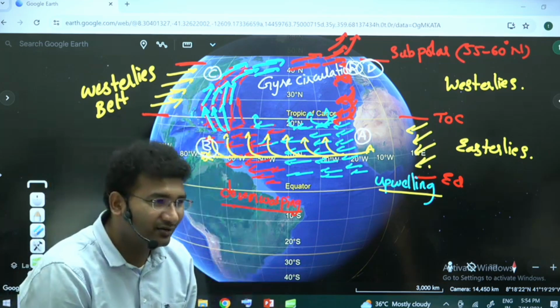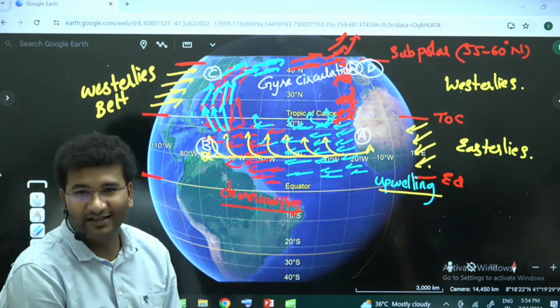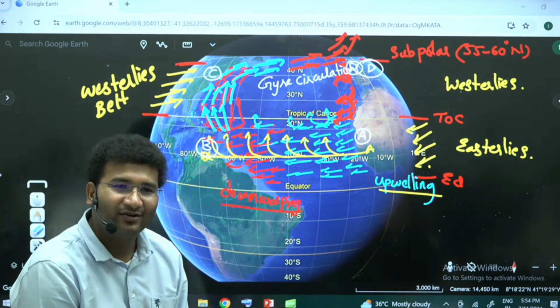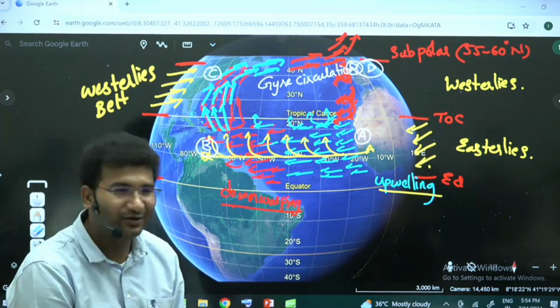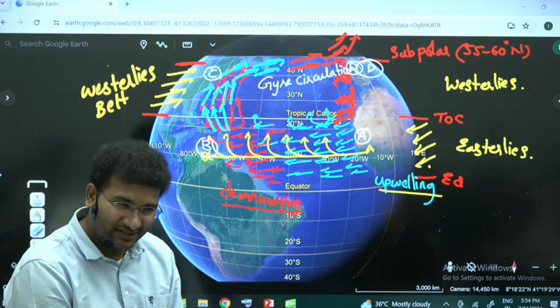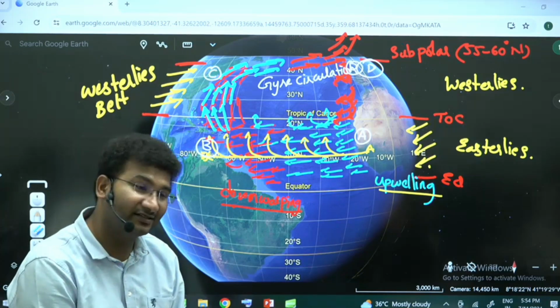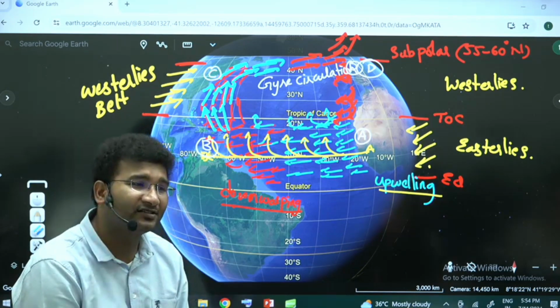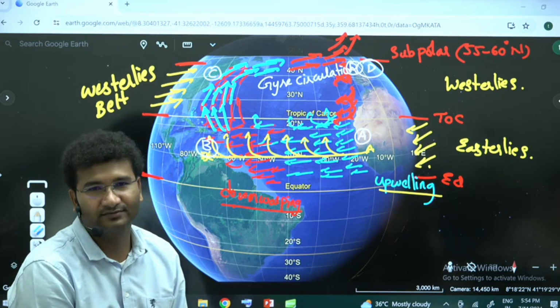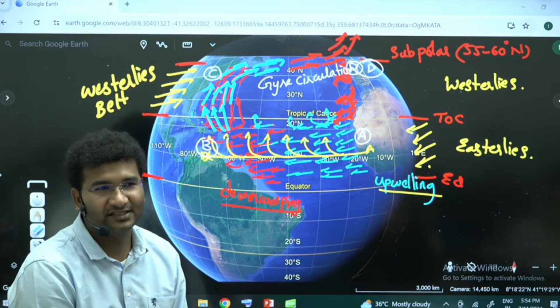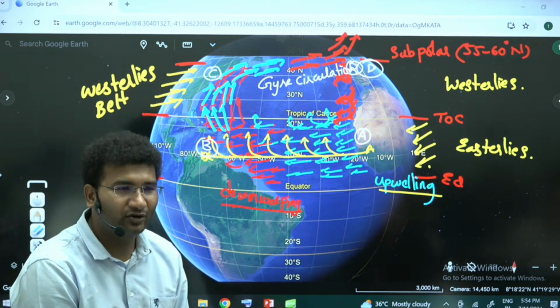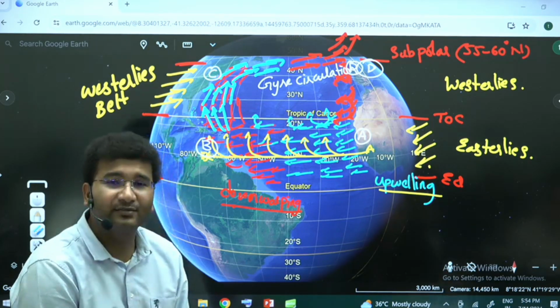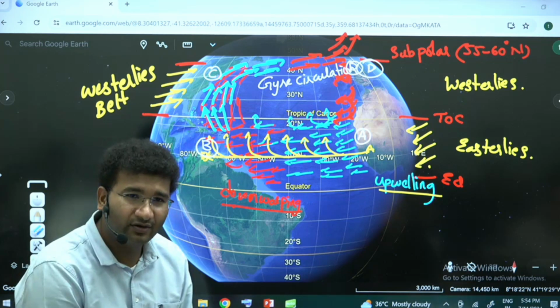In the tropical areas, the eastern coast has cold water. No. Let me repeat the statement again. I'll change the statement. In the tropical oceans, the eastern margins of the oceans have cold water. Is the statement right? In the tropical oceans, the eastern margins of the oceans will have cold water.